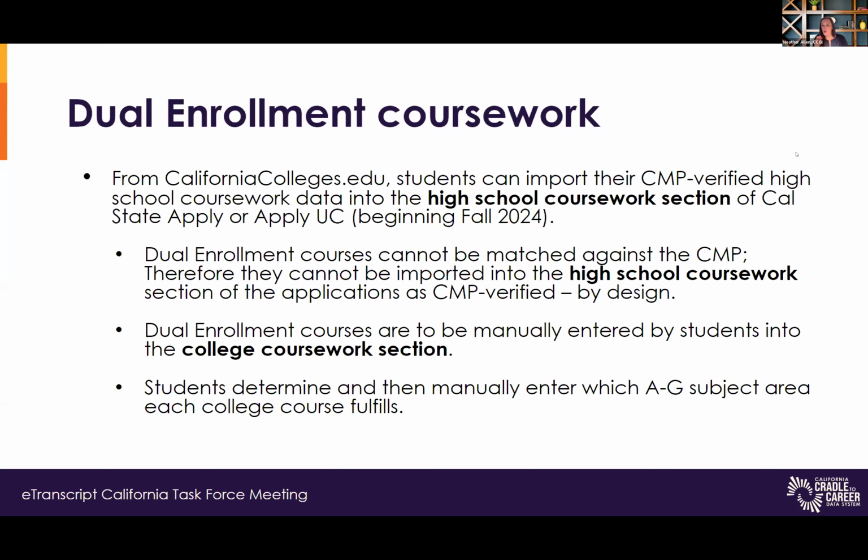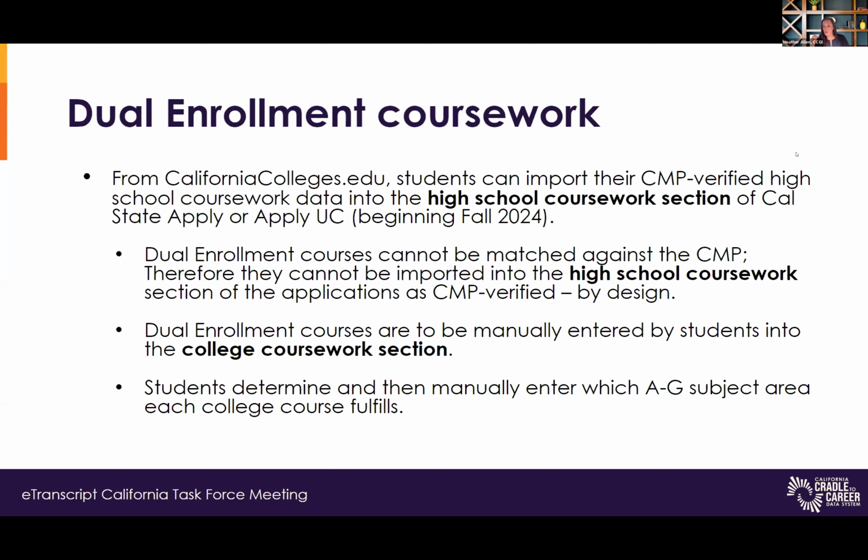It's also because we at California Colleges, when students send us data, when it can be matched, we then provide students the option that they can import their coursework, that verified coursework, directly into Cal State Apply, or beginning next fall, also UC Apply, right? So those courses move over with an aim of smoothing the process for our students, making the application process smoother and helping them to reduce errors that they experience when they're trying to manually enter a full high school transcript.